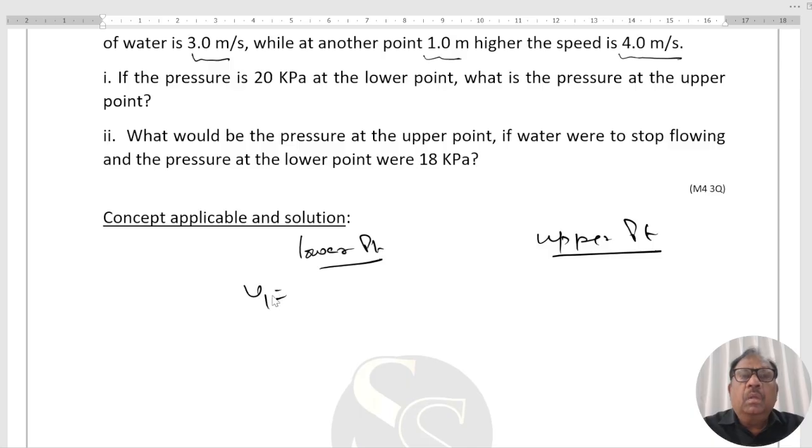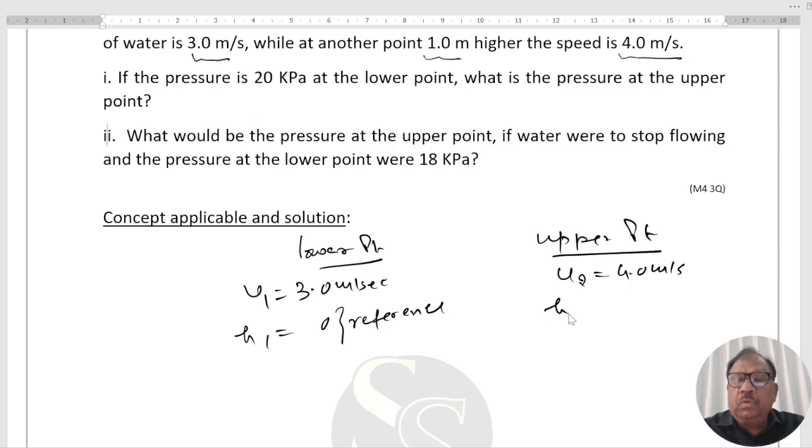V1 is 3 meter per second. Upper point, V2 is 4 meter per second. H1 is 0, reference line. H2 is 1 meter higher, so 1 meter.